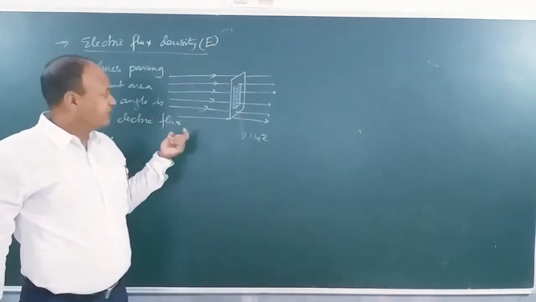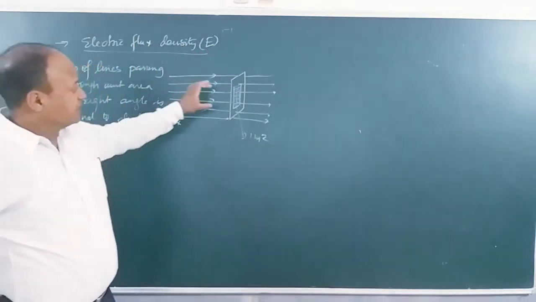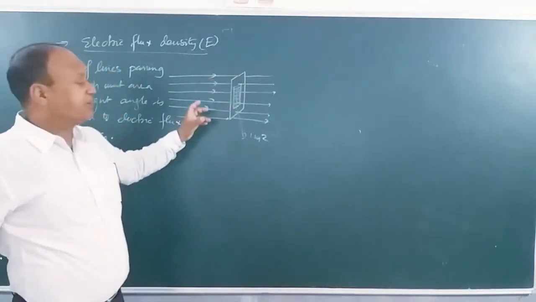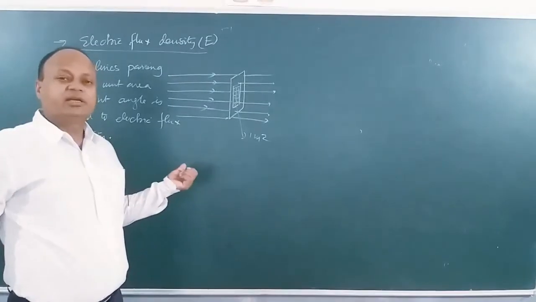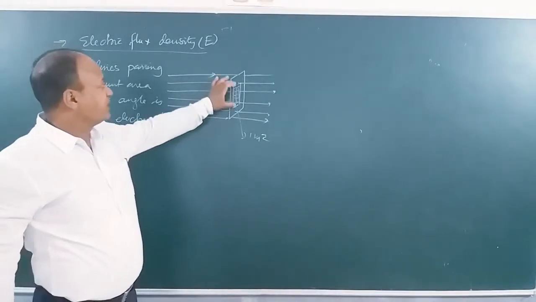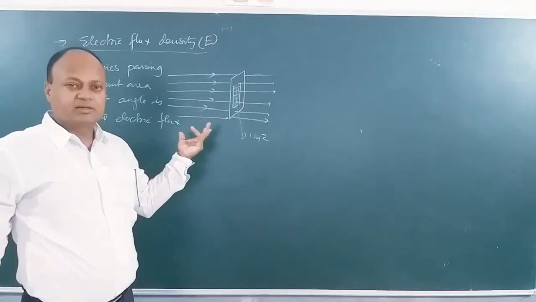So if I say like this, then through 1 meter square how many lines are passing? E lines. So that will be very correct. 1 meter square, how many lines? E lines are passing through.